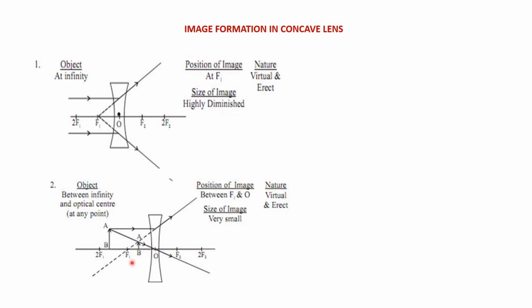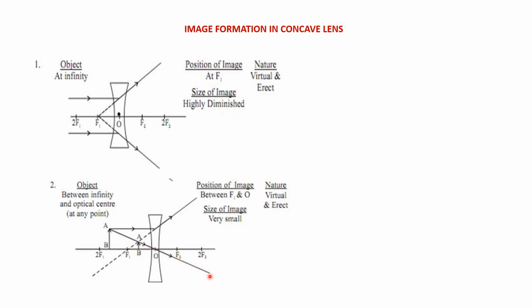So here when the object is kept, let's take the first ray which is parallel to the principal axis, it gets deviated after the refraction, and the second ray will definitely go straight through the optical center, and you see there is no deviation, this line is going straight, right?